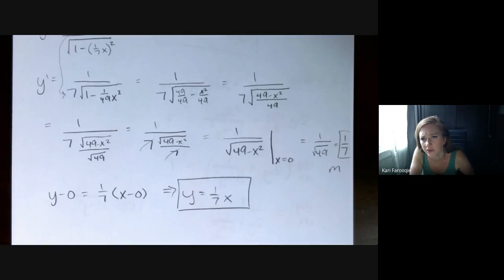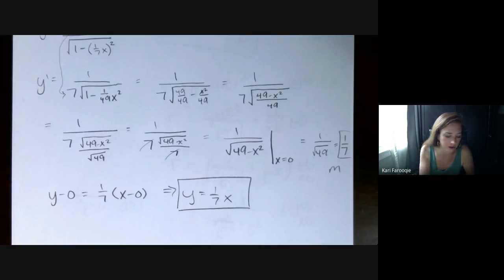I think 2 of them have the same tangent line. Oh no, there's one option that it has to be. So there are 2 graphs that have a slope of 1/7, and only one of them is tangent to the curve. So you should be able to do that.